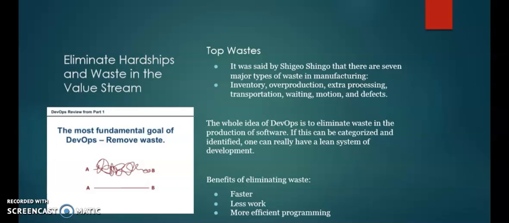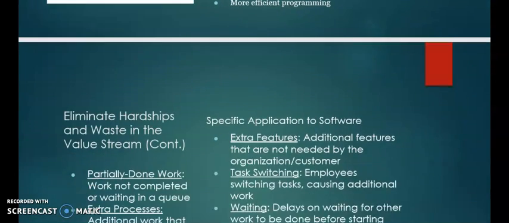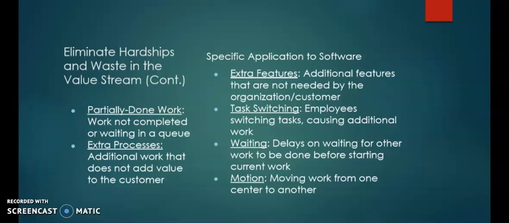And there is this guy, Shigeo Shingo. Sorry, I think I butchered it, but he said that there are 7 types of waste in manufacturing: inventory, overproduction, extra processing, transportation, waiting, motion, and defects. And although that doesn't specifically apply to software, the principles do, and there is an application.